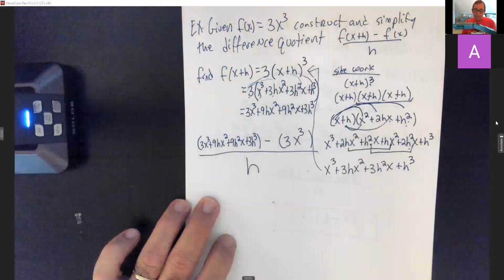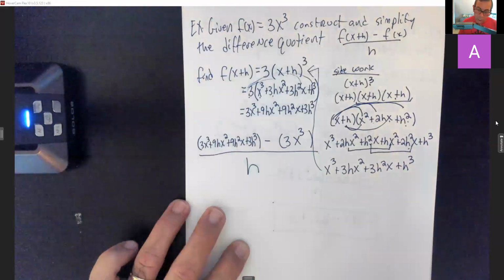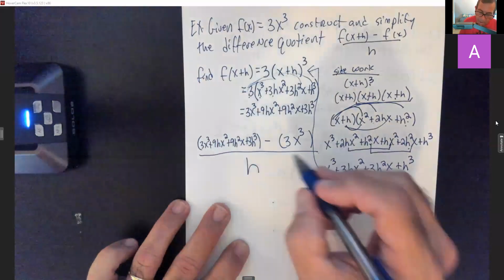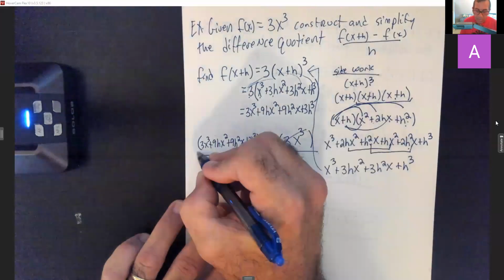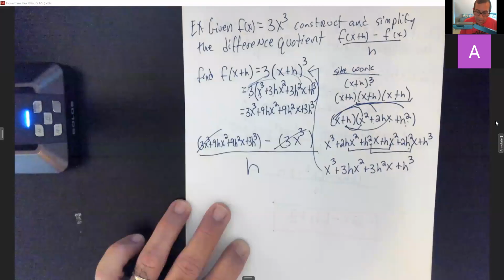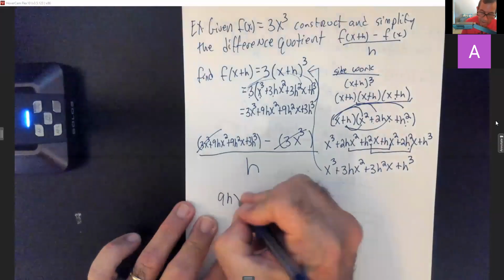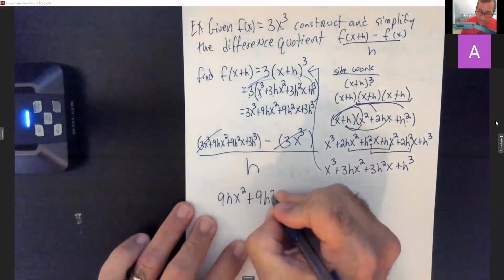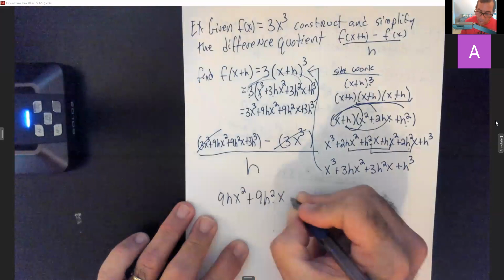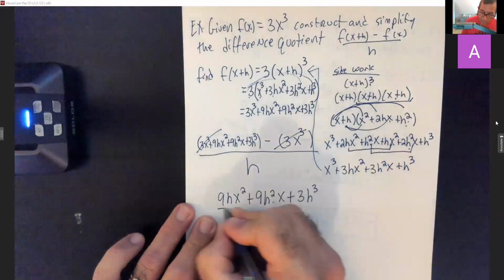But y'all, we knew that because all these terms with the h's are not going to cancel. It's just the terms without the h's. So this negative 3x to the third cancels with that positive 3x to the third. So what's left will be 9hx squared plus 9h squared x plus 3h to the third, all over h.